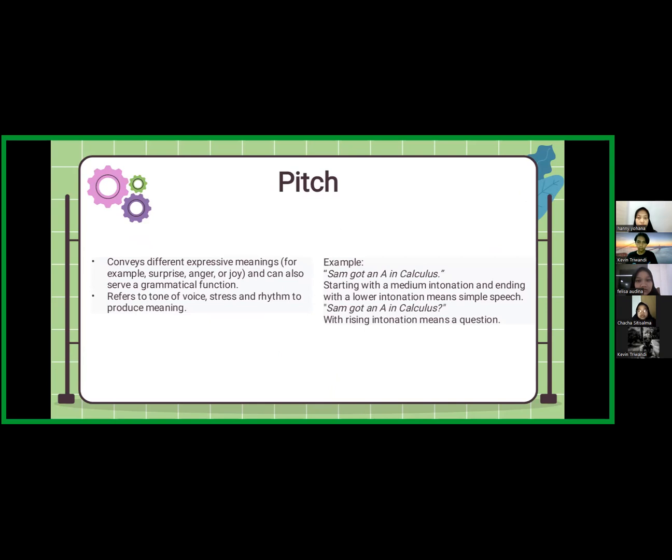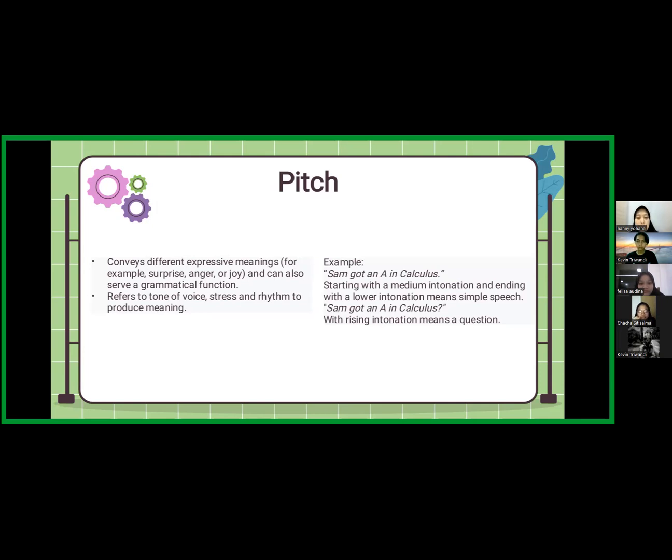Pitch is the relative highness or lowness of a tone perceived by the ear, which depends on the number of vibrations per second produced by the vocal cords. It conveys different expressive meanings, for example surprise, anger, or joy, and can also serve a grammatical function.